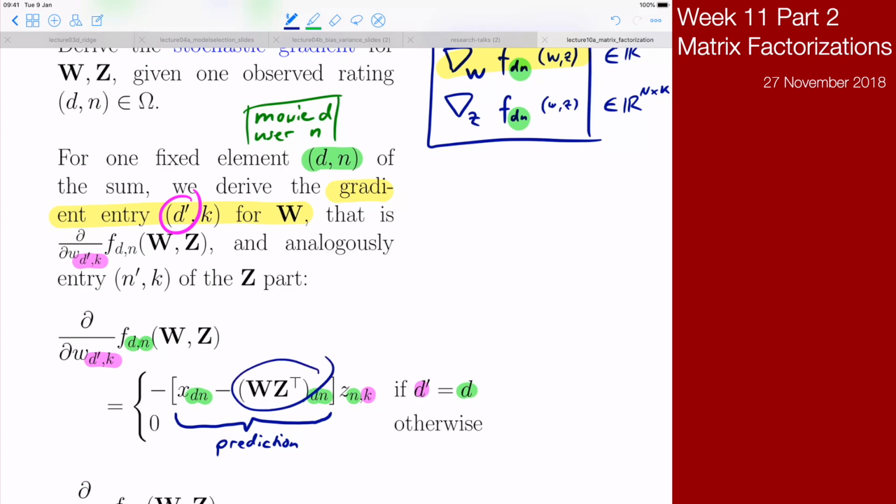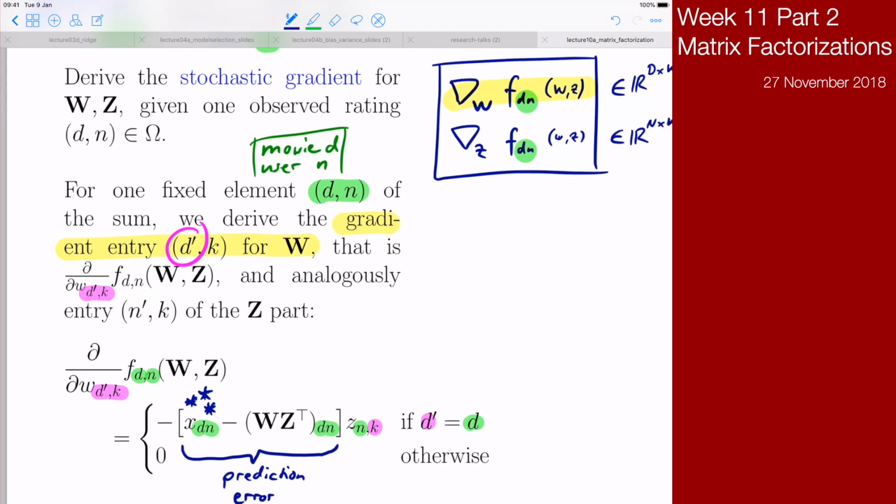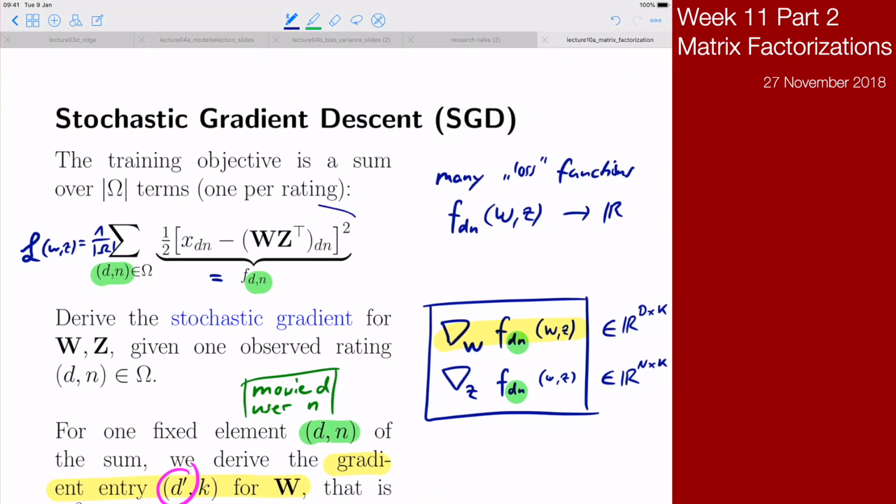So this is the prediction, and x minus it is the prediction error. And x dn, that's 3 stars, right? Because we said that's the data, the ground truth that we observed. Okay, that's the prediction error. And I claim that the gradient with respect to this thing is what I wrote.